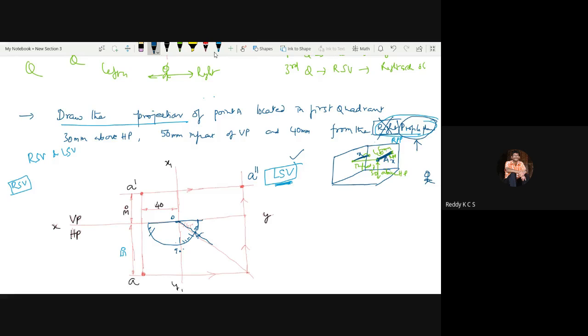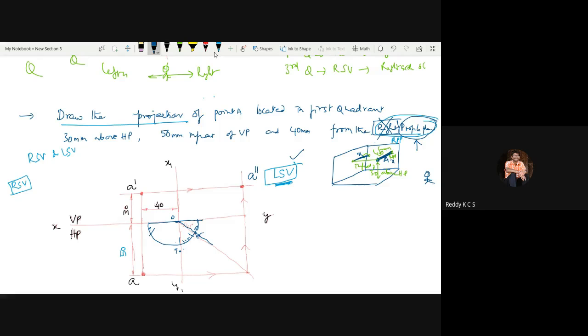A point is 30 mm in front of the vertical plane, 20 mm above the HP, and 25 mm in front of left profile plane. Full stop. Draw its projections.